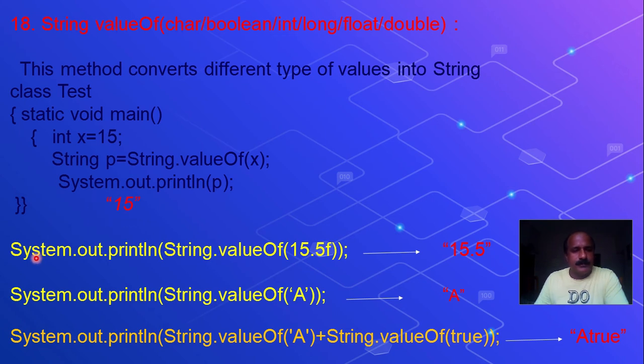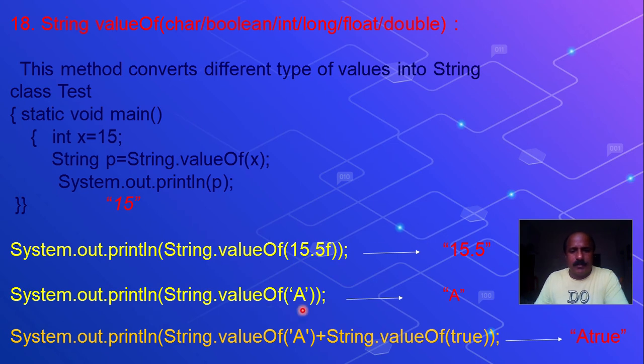Now another example: System.out.println(String.valueOf(15.5f)). See, I told you here you can go for any of these data types. I have given float here. Now 15.5 will be returned, only 15.5, but that 15.5 will be in the form of a string.